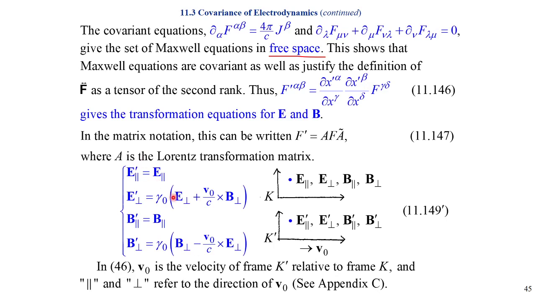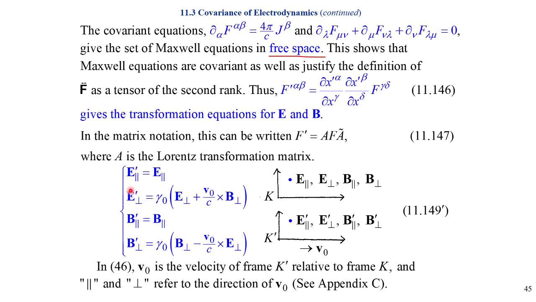Because E is three components, B is three components, they transform according to the Lorentz transformation matrix shown here. Okay. In any directions. Parallel means parallel to the motion of the particles or motion of the observer.